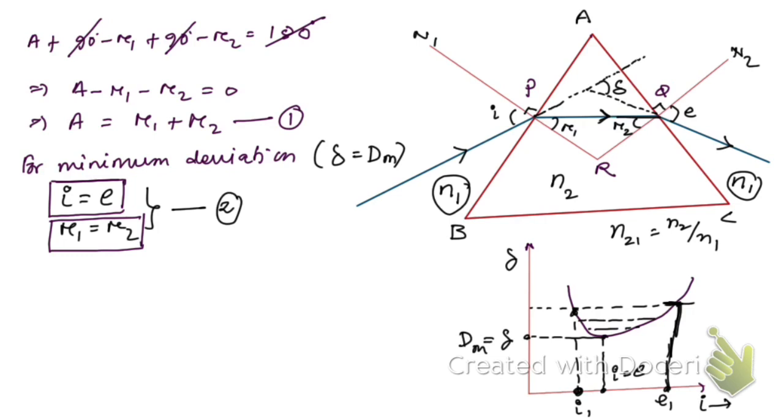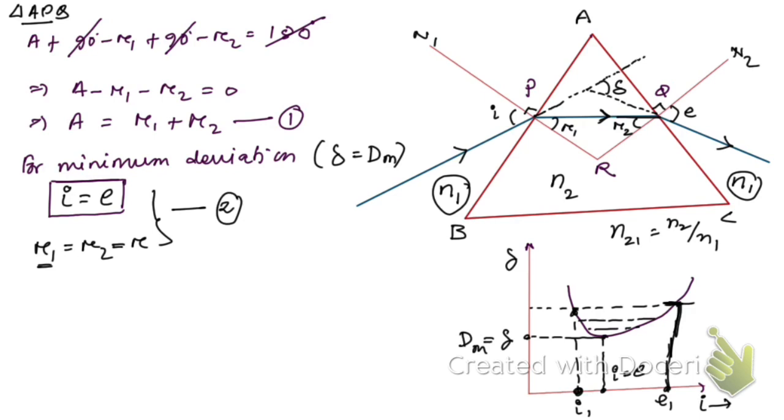Now you see, let me mention here that this relation we had got from triangle APQ, right? Now as r1 equal to r2, let me consider both equal to R. Suppose both equal to R. So this is equation number 2.